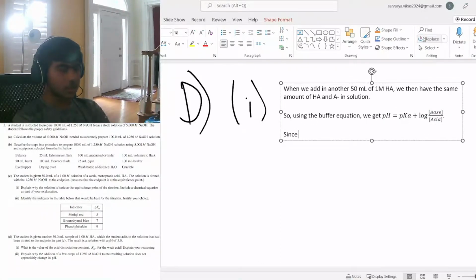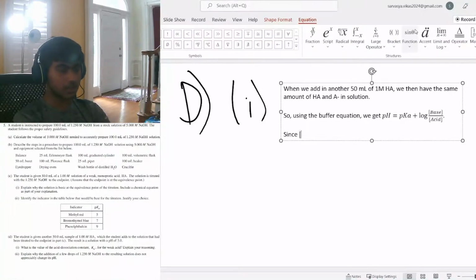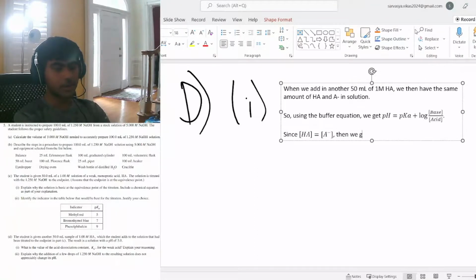Since we found out that the concentration of HA equals the concentration of A minus, right? Then we have that pH equals pKa, right?